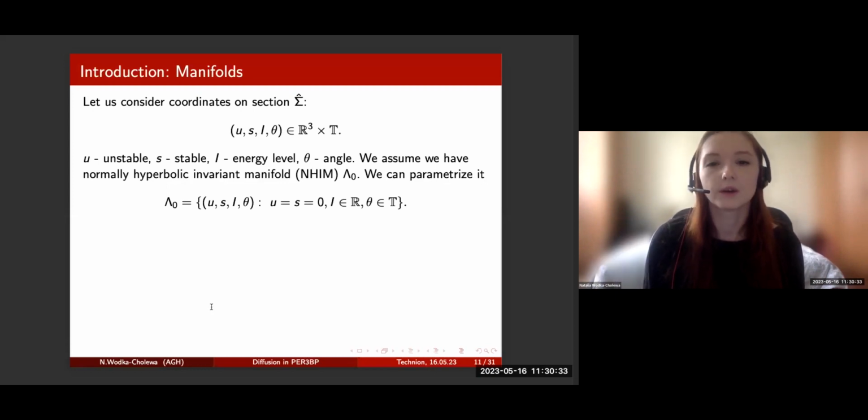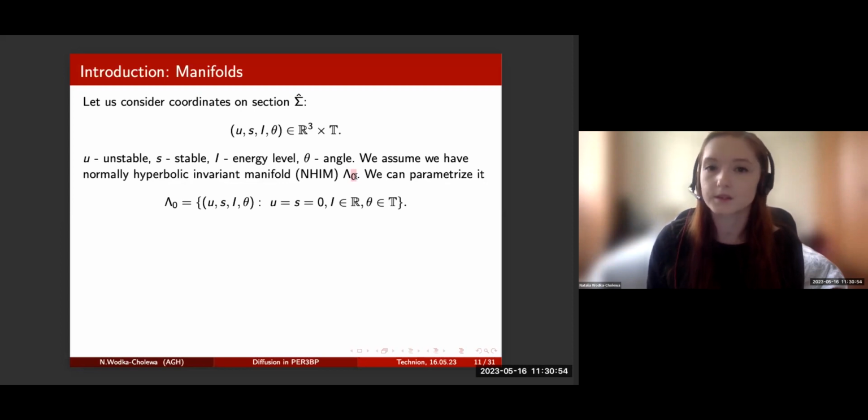Okay, so we will assume that we have a normally hyperbolic invariant manifold Lambda 0, and this is for our unperturbed system. That's why we have the subscript 0. So there exists this invariant manifold there.